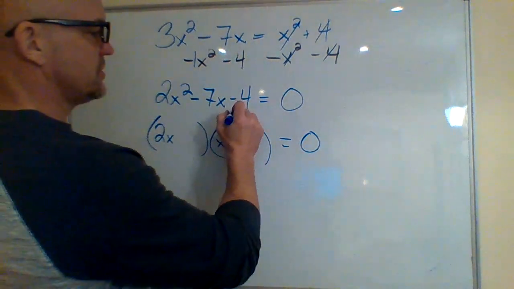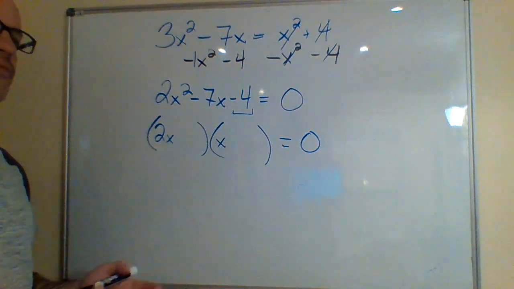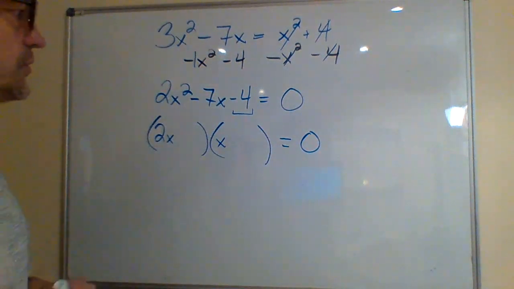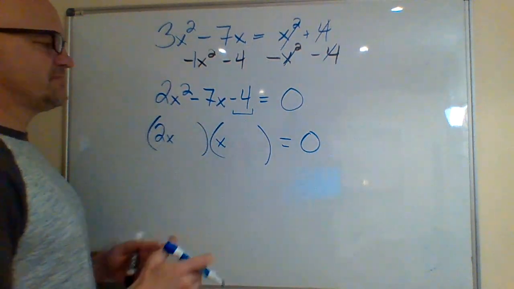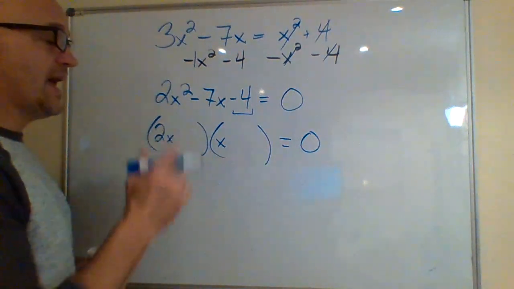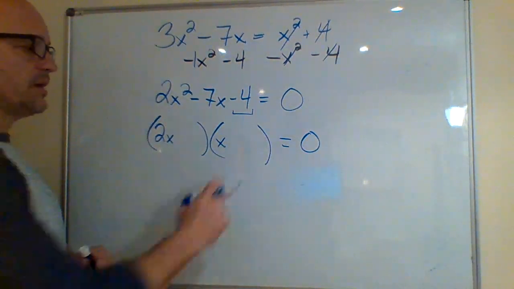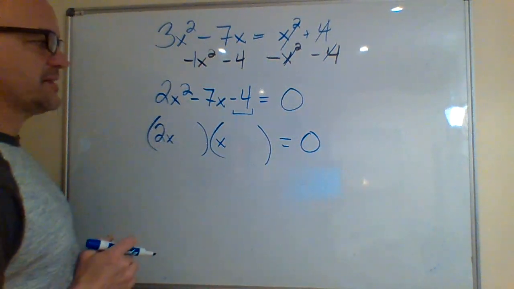So my last term is a 4. So I know that I can use the factors of 4, 4 and 1, 2 and 2. However, since I'm trying to get a 7 in the middle, I'm going to realize if I try to use 2 and 2, there's no way I'm going to wind up with a 7. However, if I use a 4 and 1, keeping in mind whatever gets in here gets multiplied times the 2, I can create the 7.